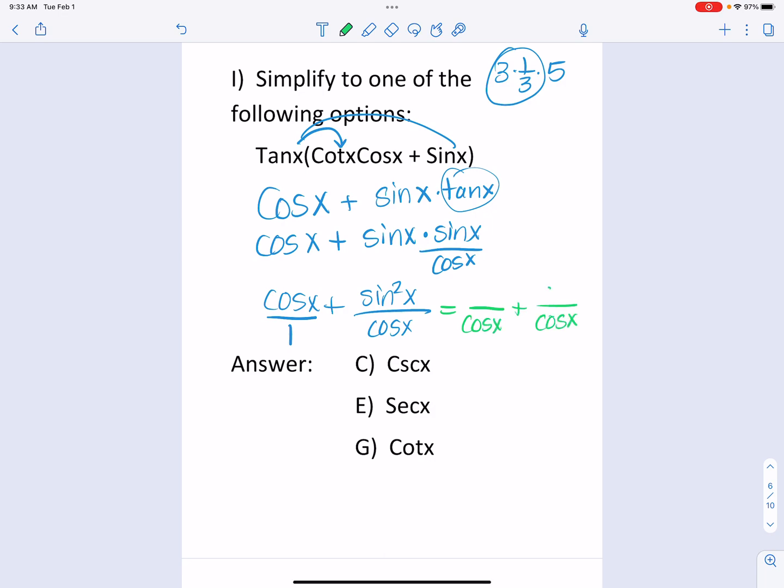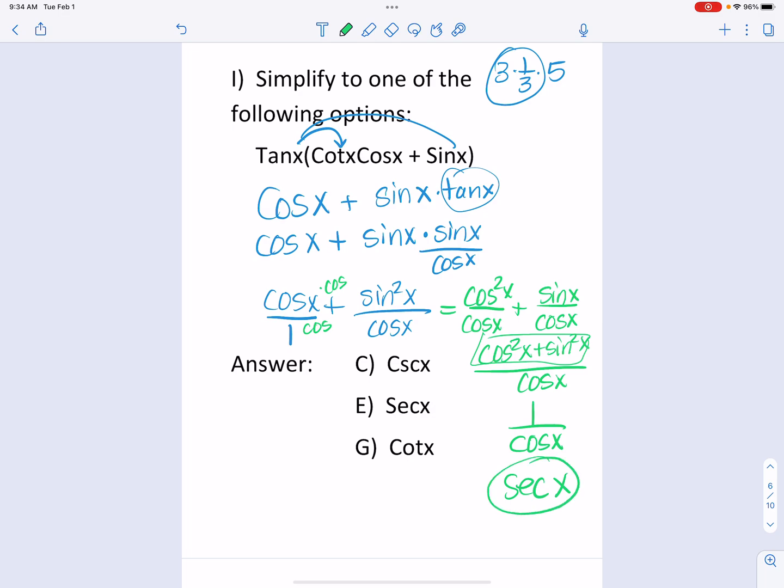The first one's okay. This one's missing a cosine. So you'd have a cosine squared of x. So you'd have the cosine squared of x plus the sine squared of x over the cosine of x. So this is one that is on your sheet. It's 1. And 1 over the cosine of x is the secant of x.